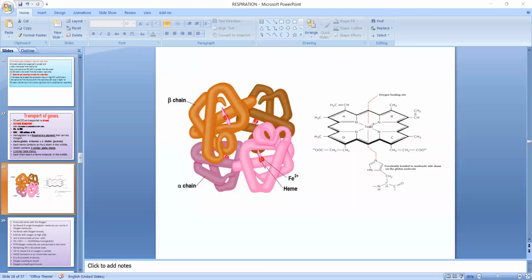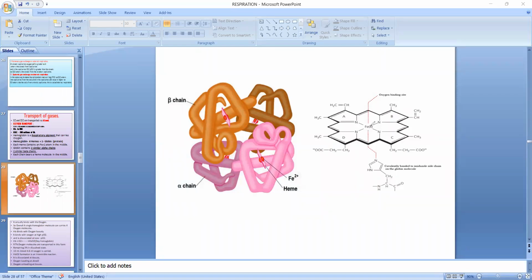This iron atom forms a loose bond with the globin chain on one side, and whenever oxygen is available, it forms another loose, weak bond with the oxygen. So this is the structure of hemoglobin.